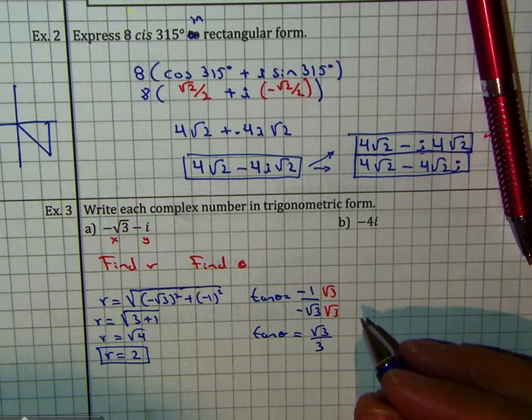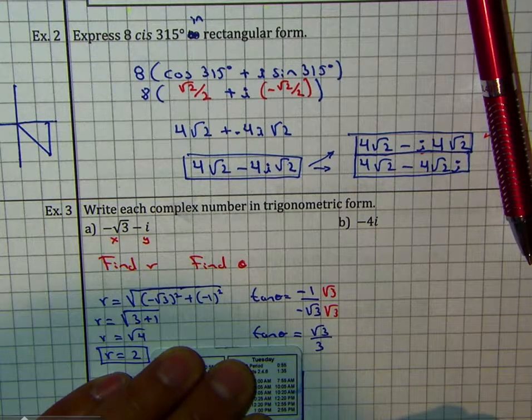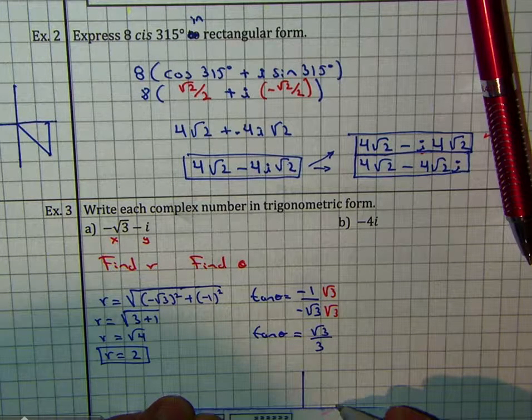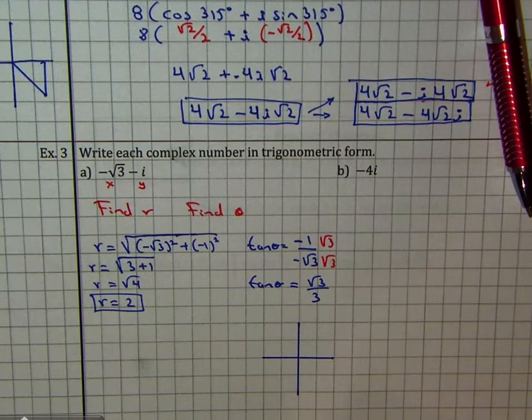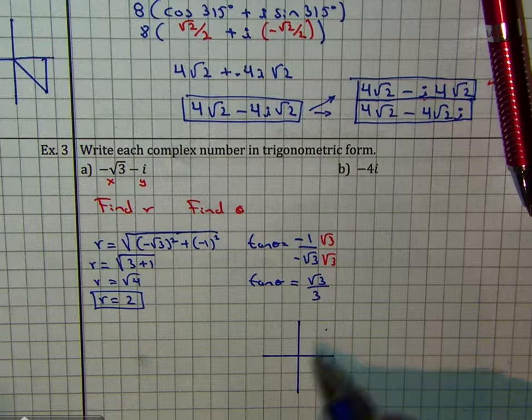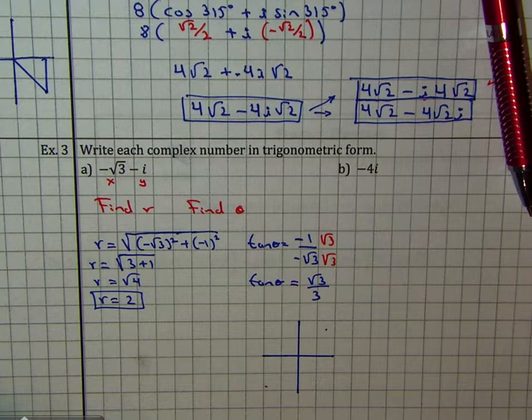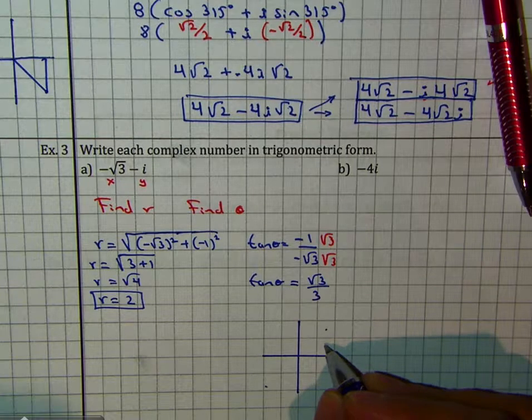So I'll place an x and y axis. Square root of 3 over 3 is positive, so it has to be either in the first or the third quadrant for tangent to be positive. And square root of 3 over 3, is that your 30 or your 60? Correct, that's your 30-degree reference angle.